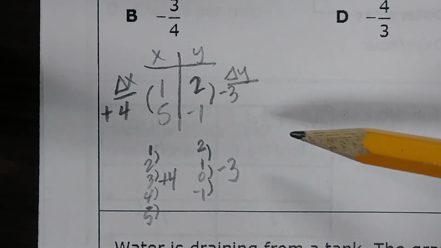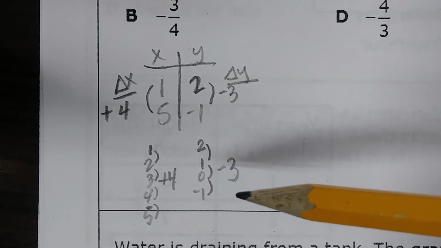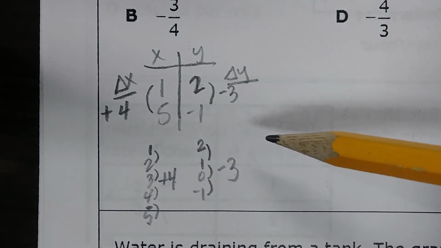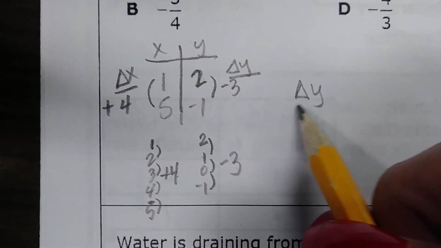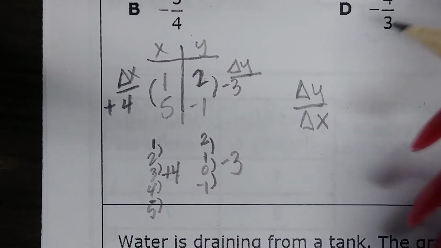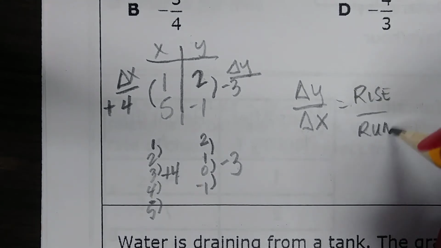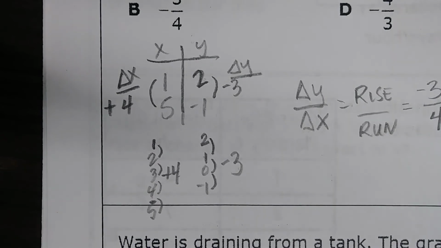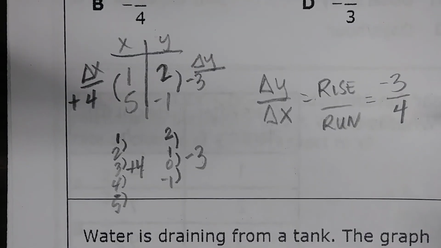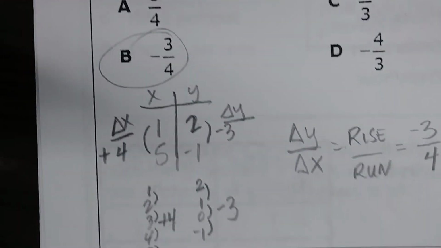We found the difference. But doing it this way avoids issues that you may have with negatives. So now we write the change in y over the change in x, which is my rise over run, -3 over 4. I have my slope, my rate of change. That means the answer is B.